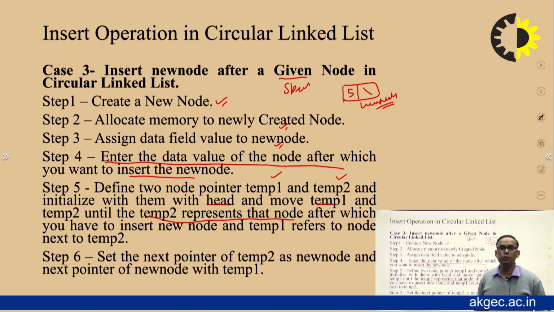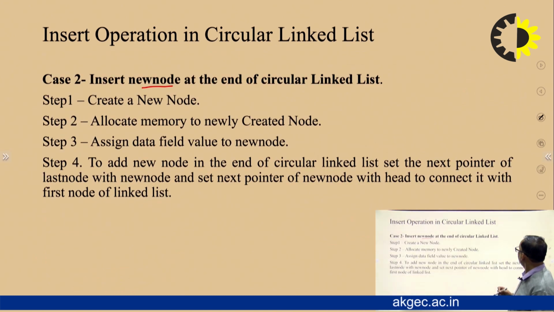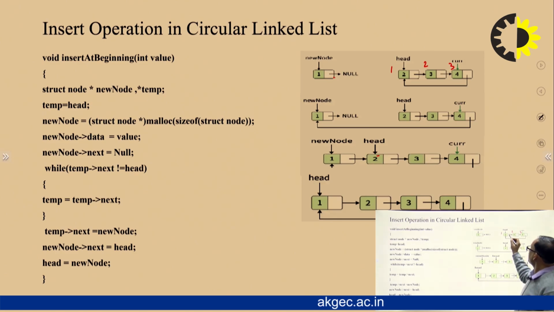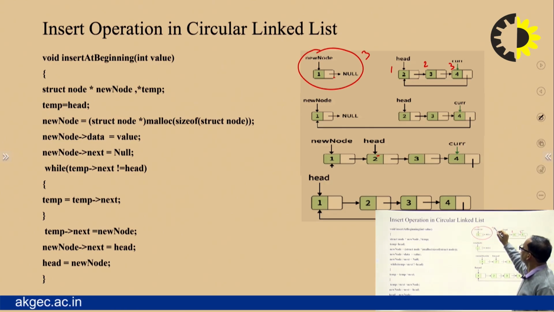Again, for that purpose, we have to traverse the linked list till the position. Suppose this is node 2 and this is node 3. Now we have to add this new node at position 3.